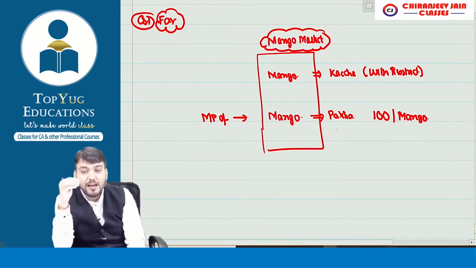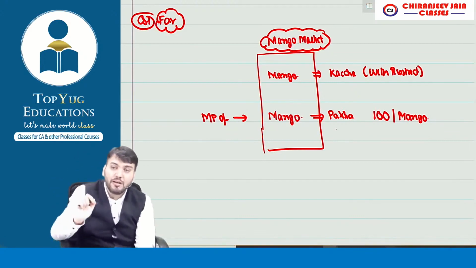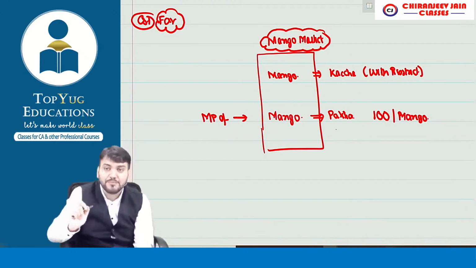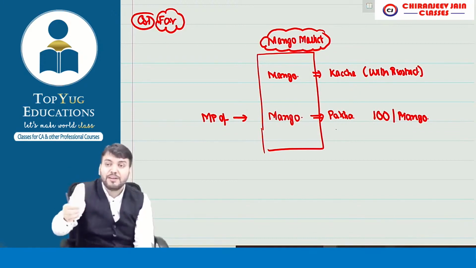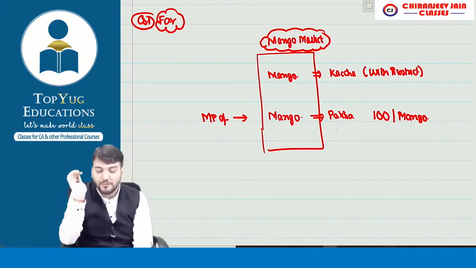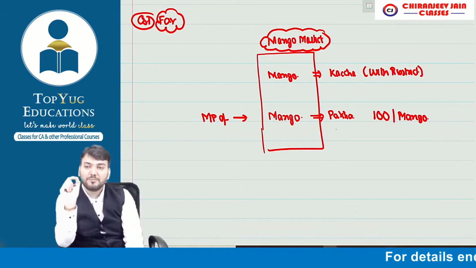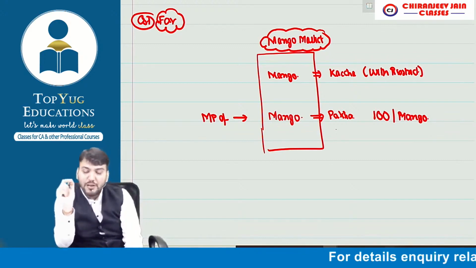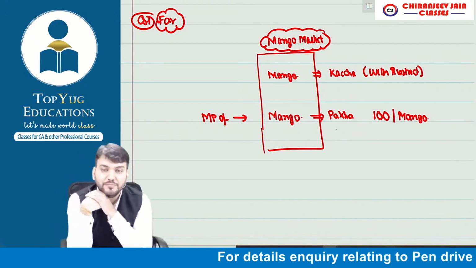Are you getting what I am saying? My question to you all: will I pay 100, or more than 100, or less than 100? Will the mango vendor ask me for 100 rupees, or more, or less? Tell me, everyone. How much should I pay, equal to, more than, or less than rupees 100? Tell me, everyone.